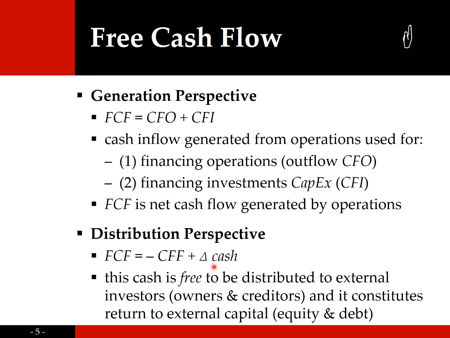And in such a case, the free cash flow will be very close to the negative of the free cash flow from financing. That is to say, that it will be the cash flow that is free to be distributed to the external capital providers, those who provide debt and equity to the company. Now note that there is a minus sign in front of the cash flow from financing. You can think through why this minus sign is included and what it represents.